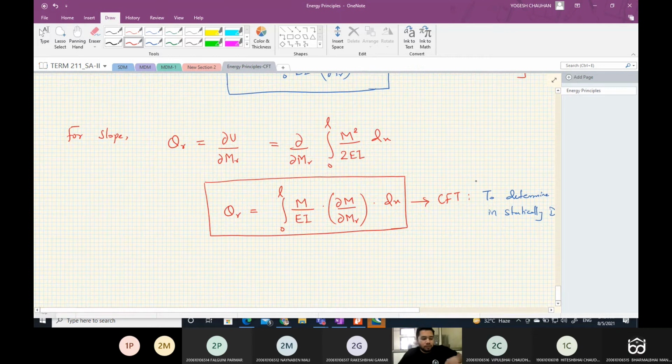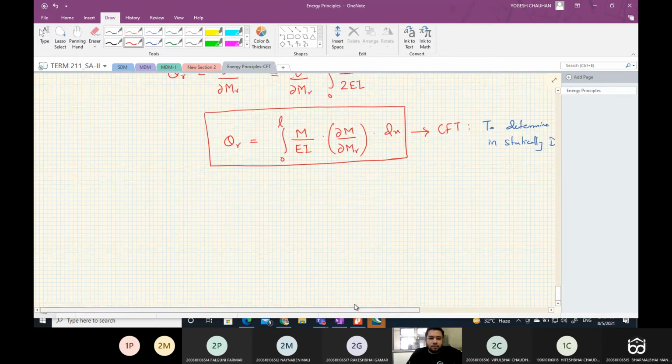Now some points to be noted in Castigliano's first theorem.